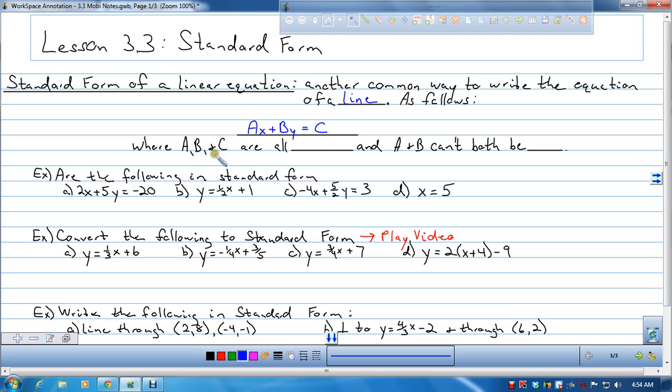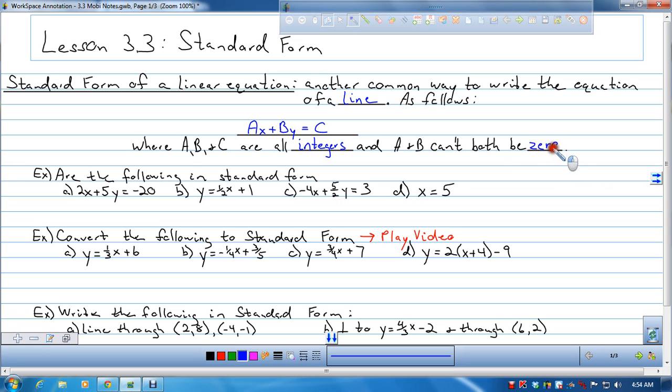And now a, b, and c are all going to be integers, which means we can't have fractions. We're going to have whole numbers or zero. However, a and b cannot both be 0.